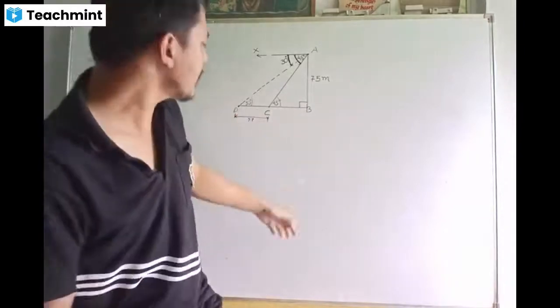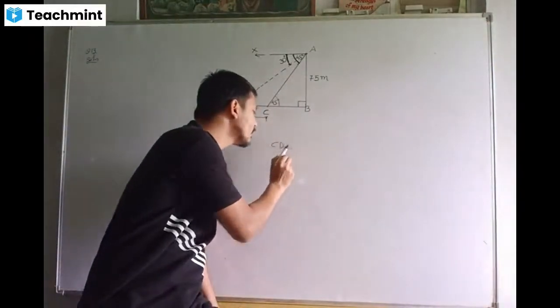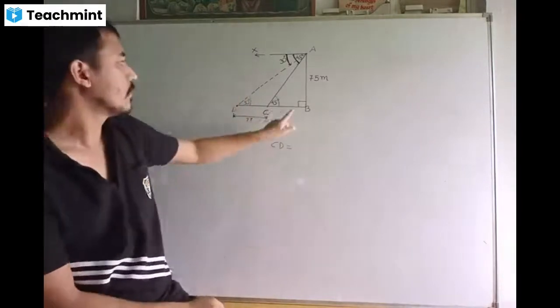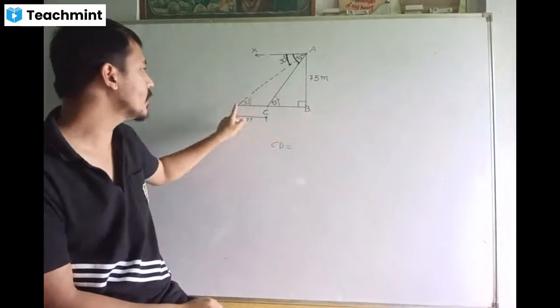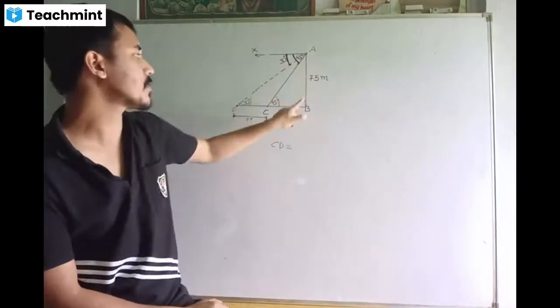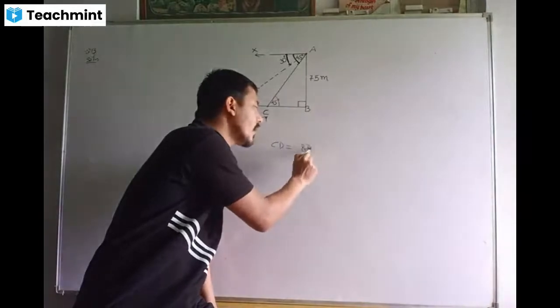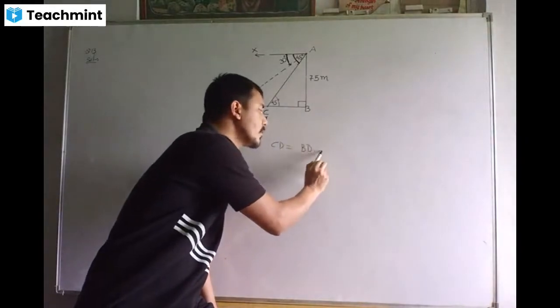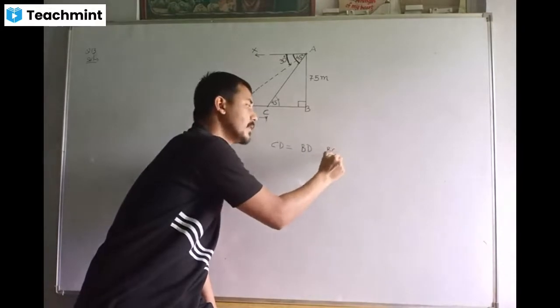Now, how to find this CD? Very simple. First, you need to find out BD from the bigger right triangle. And from BD, we subtract BC.